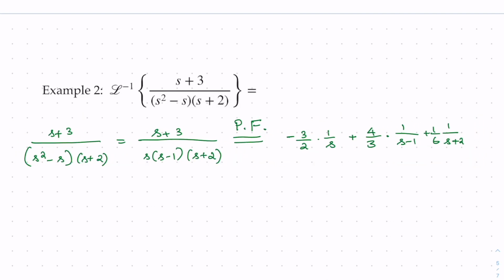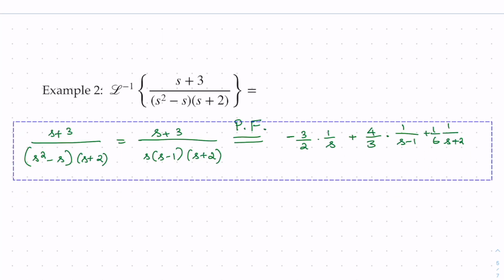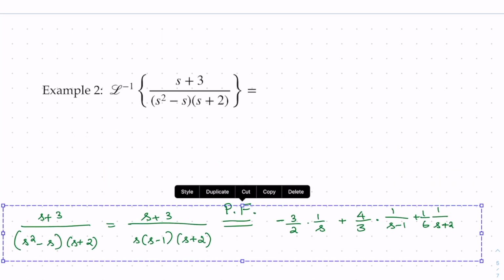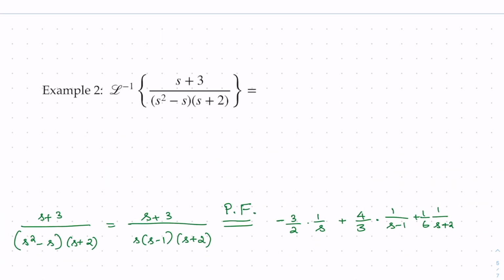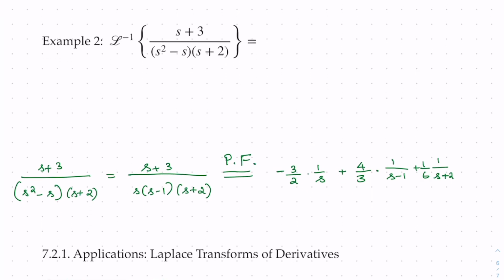So therefore, ladies and gentlemen, you can rewrite this as the Laplace inverse of negative 3 over 2 times 1 over s plus 4 over 3 times 1 over s minus 1 plus 1 over 6 times 1 over s plus 2.